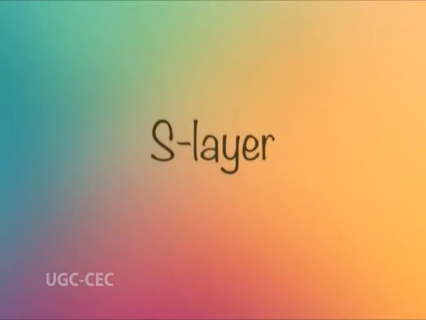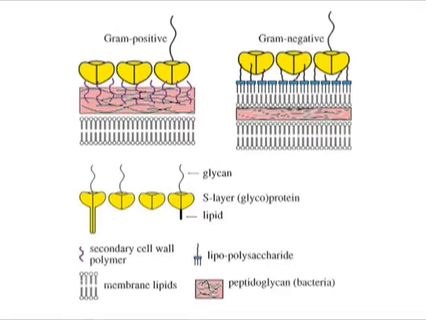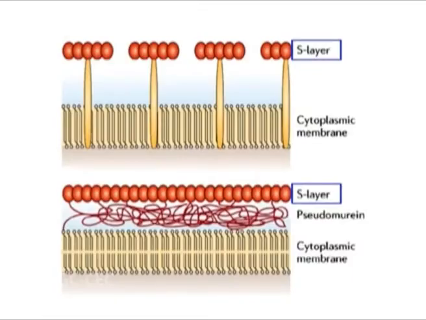Next, we will see S layer. Many gram negative and gram positive bacteria have a regularly structured layer called S layer on their surface.